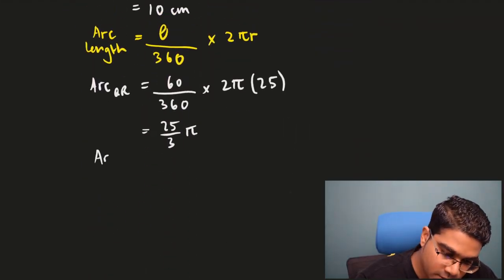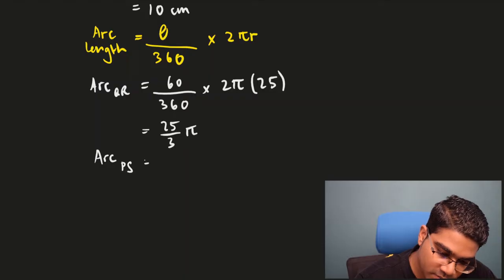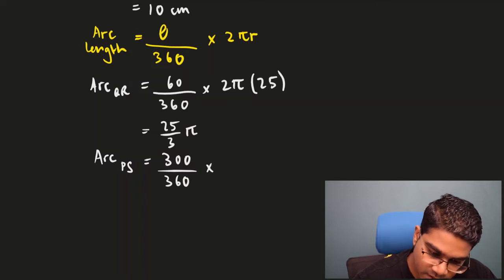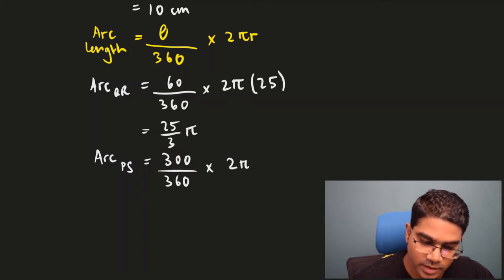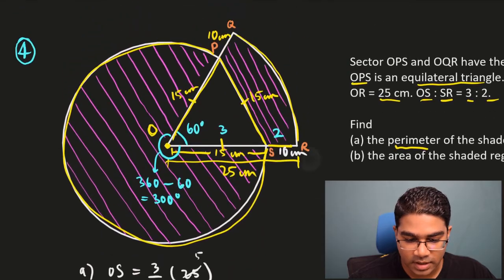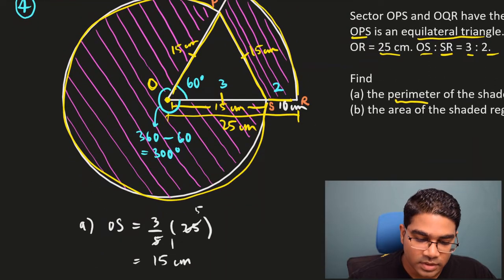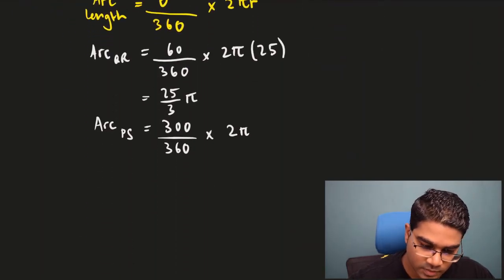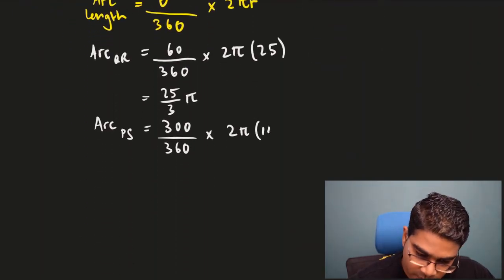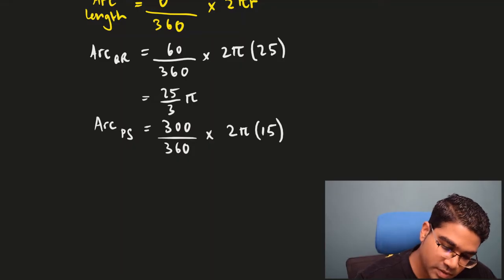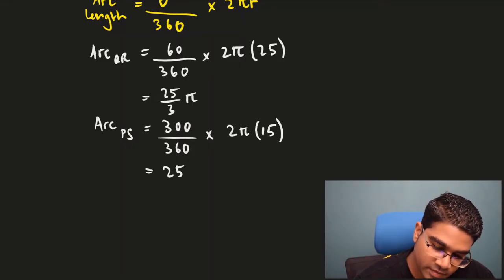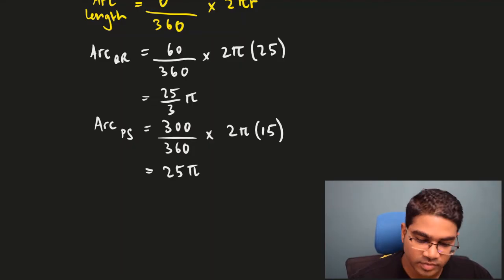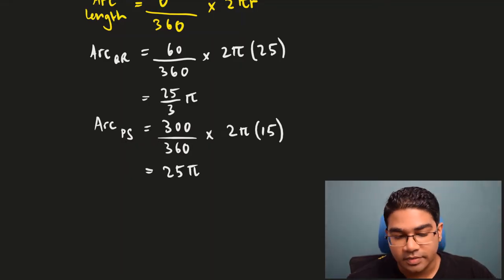So arc PS will be equal to 300 over 360 multiplied by 2 pi r. Now we have to be careful because this arc does not have the same radius. For this arc, the radius is just 15. So this will be times 15. When we simplify this, we will get 25 pi. Again, I'm going to leave my answers in terms of pi until the very end.